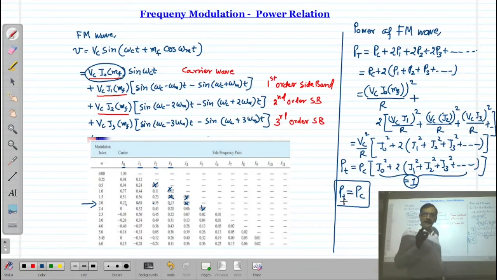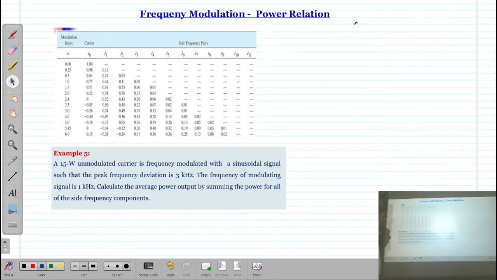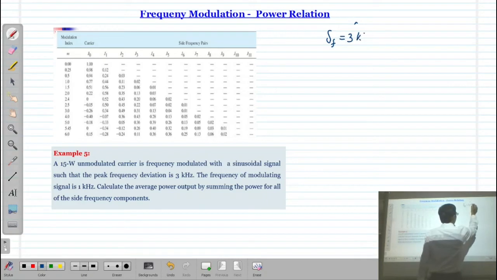Now let us see one example, so that through this example the idea about the power will be clear to you. A 15 watt unmodulated carrier is frequency modulated with a sinusoidal signal such that the peak frequency deviation, that is delta f, is 3 kHz.